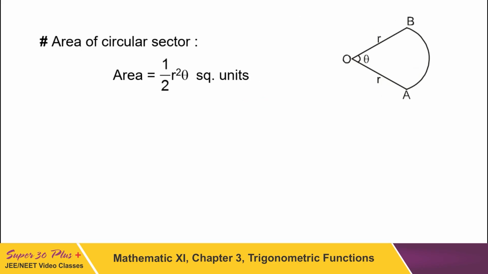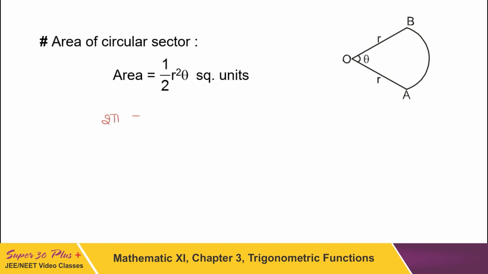One more interesting formula: area of a circular sector is equal to r square theta by 2 square unit. From where does this formula come? As we know, the area of the complete circle is pi r square, and at the center of the complete circle, the angle is 360 degree or 2 pi radian.